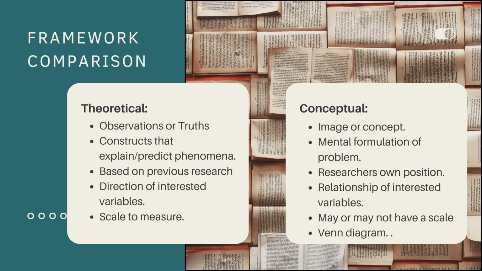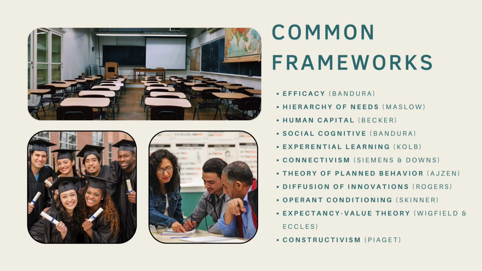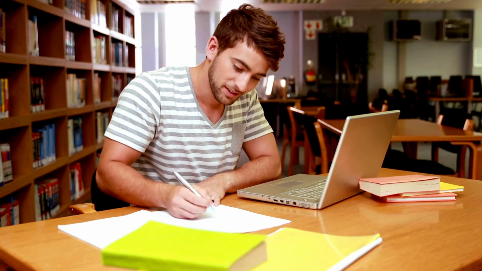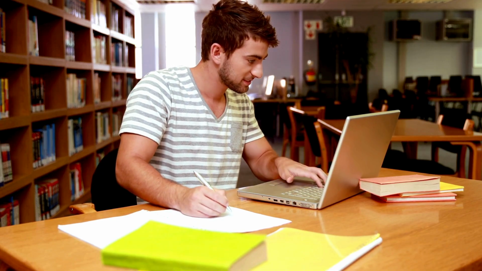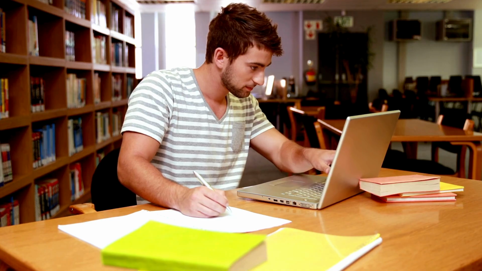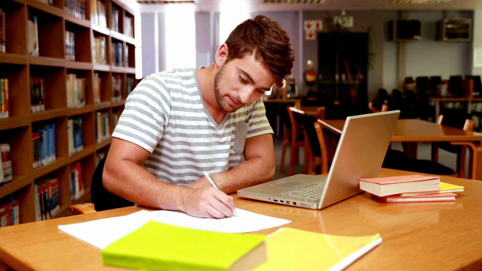And so common frameworks that you've probably seen or heard discussed in educational classrooms are things like efficacy. That was a big one in my thesis project. You've got everything from hierarchy of needs to experiential learning, diffusion of innovations, operant conditioning, expectancy value theory, constructivism, oh my goodness, connectivism.